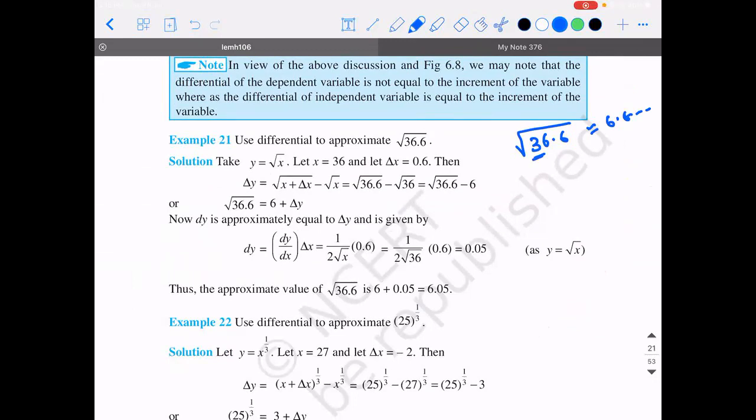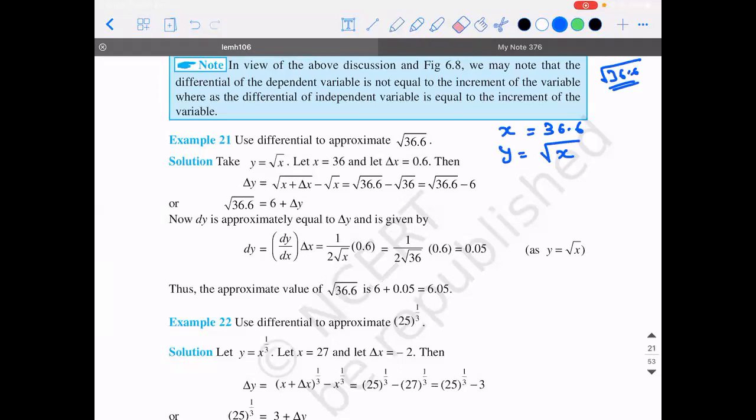Now what we are going to do is find the approximate value of it using differentiation. We are finding the square root of 36.6, so let me call x as 36.6 and y is equal to root x.